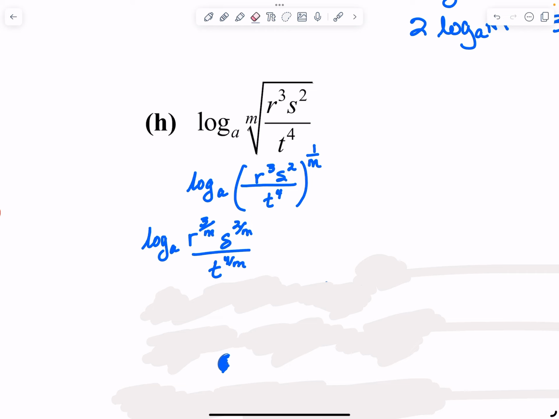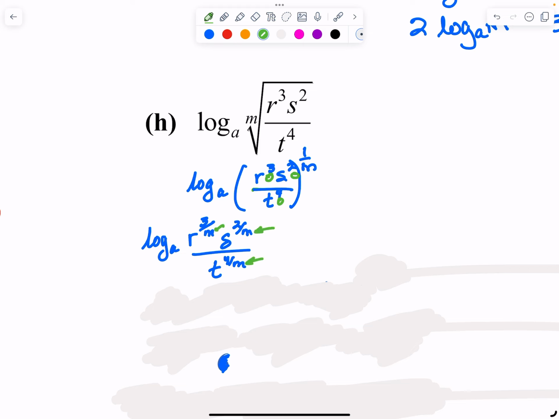I went ahead and put my 1 over m, I put the m underneath each one of these. Instead of having a 1 under there, I just put an m under there.